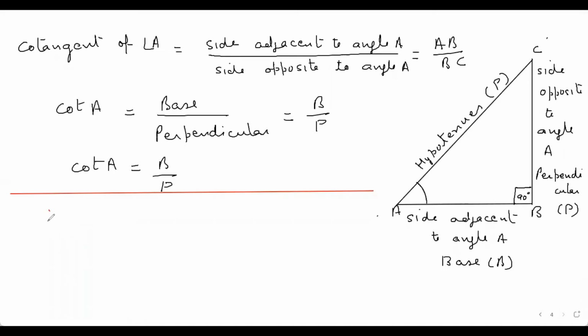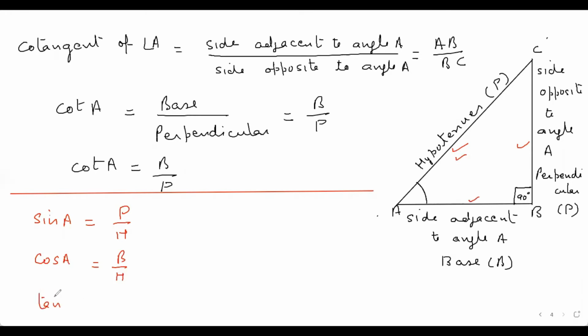Let me explain it again. Sine A is equal to P by H. P means perpendicular, H means hypotenuse. Perpendicular by hypotenuse. Cos A is equal to B by H. B means base, H means hypotenuse.